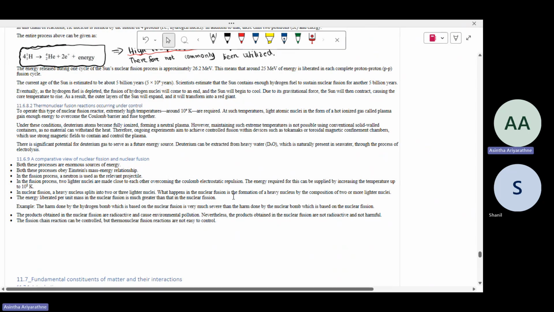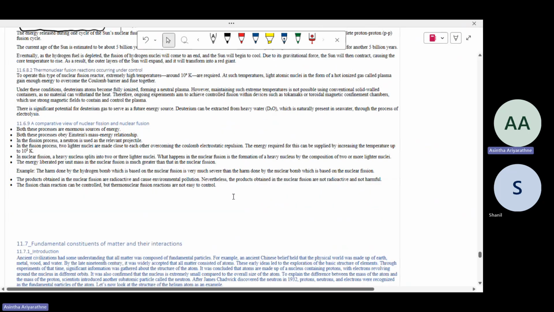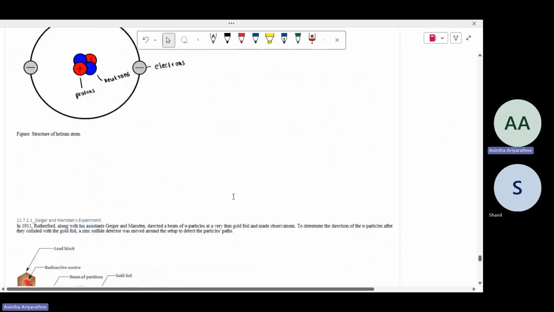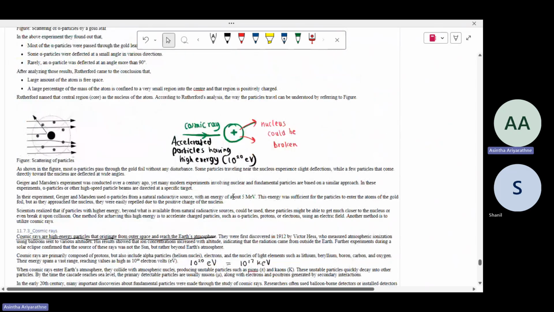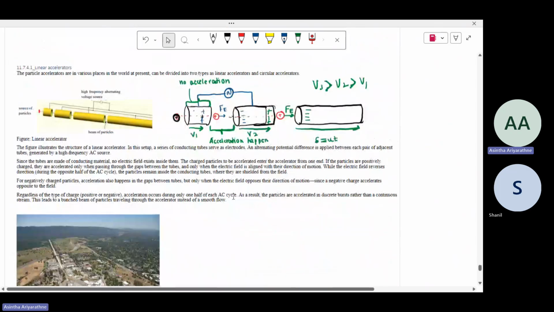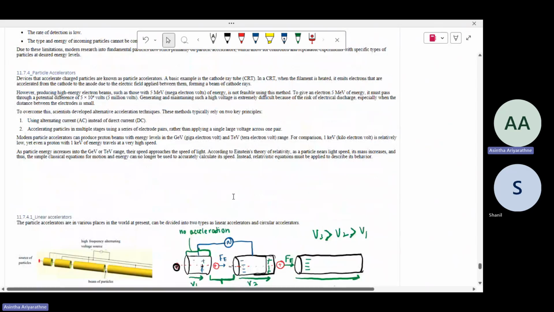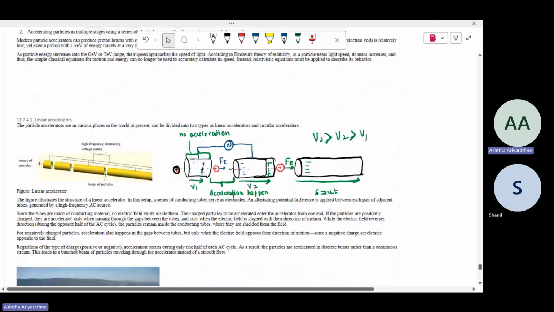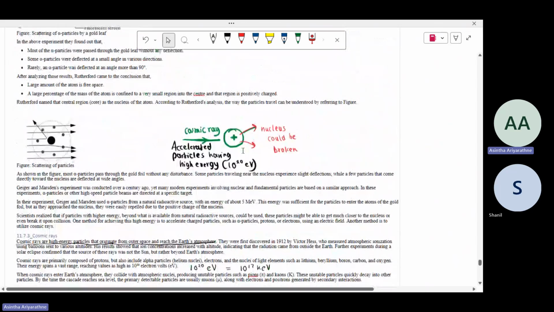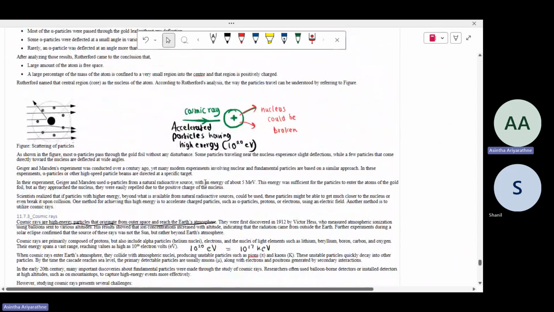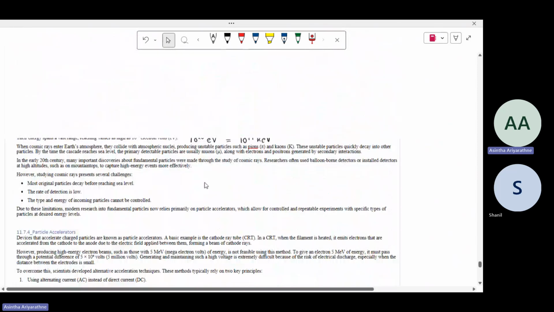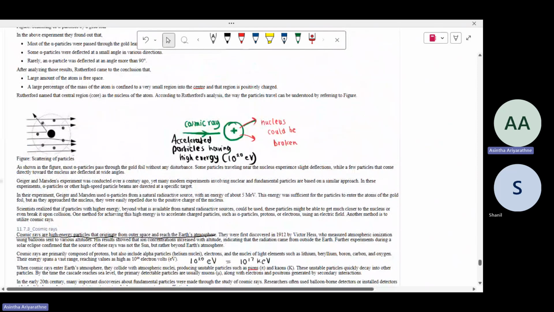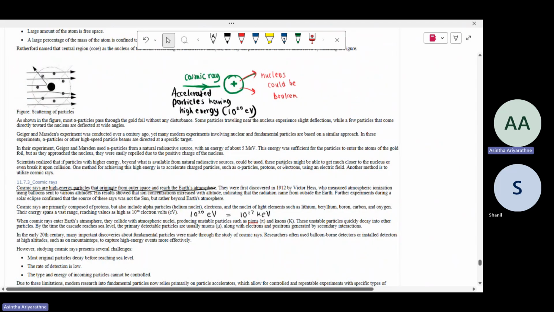Then thermonuclear comparison, then fundamental particles. So this is just an experiment. A particle accelerator is used to produce highly accelerated particles, and when those particles are directed onto a nucleus, it gets broken into even smaller fundamental particles.